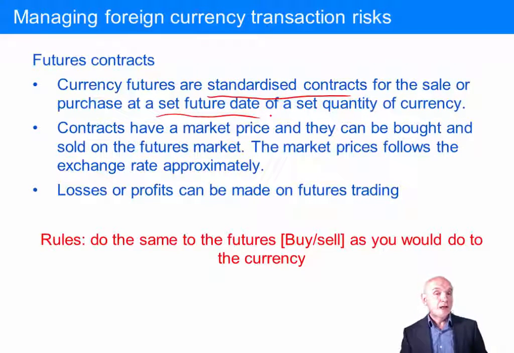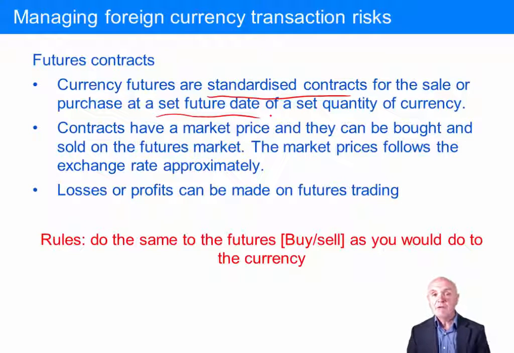The contracts have a market price, and as you buy and sell them, and the market price changes, you can make gains or losses on these contracts. And the market price follows the exchange rate approximately, not exactly. It'll jiggle up and down a little bit, but it approximately tracks the actual exchange rate.